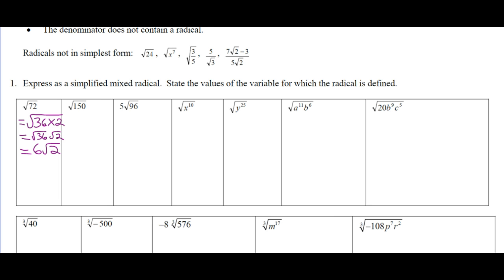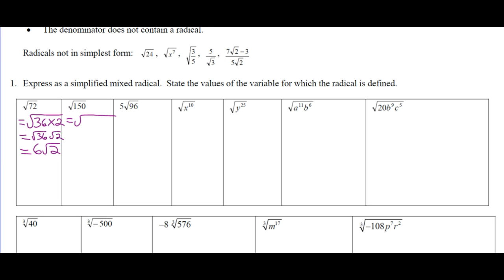Okay, so 150, you can look at 150 and say, oh, that's just 5 root 6. Some of you are going, wait, 5 root 6, how? Again, we're going to do the same idea. What's the largest perfect square that goes into 150?